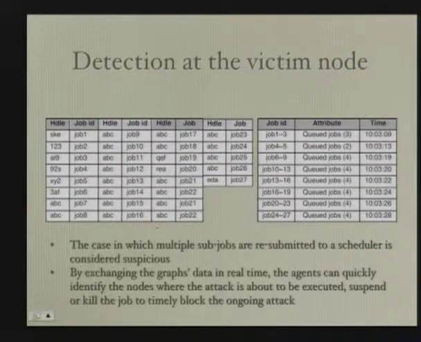So from the left table, from job 6, which is queued at 10:3:19, through job 27, when we check how many handlers are there, we can know that 20 out of 24 submitted jobs have the same handler, which means 20 jobs are from the same job, divided from one job, which means very weird, which means very abnormal.